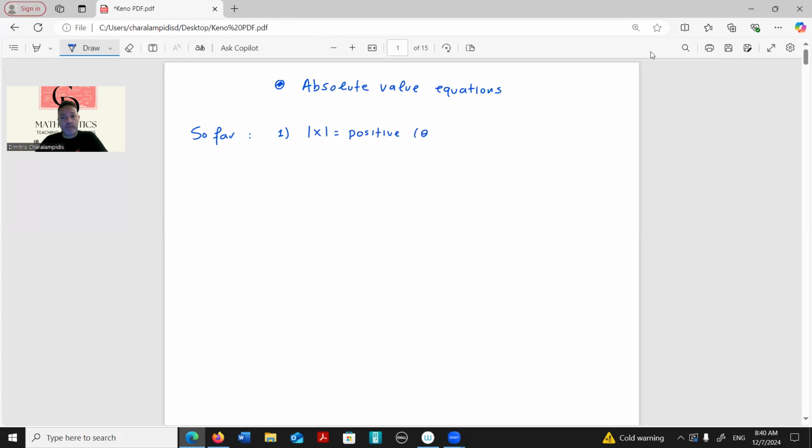Let's call that theta, where we need to split it into two different cases. Secondly, how to solve the equation absolute value of x equals 0, where in this case we only get that x equals 0. And thirdly, how to solve the case in which the absolute value of x is equal to something negative, which in this case leads to no solution, since after all, the absolute value stands for distance.